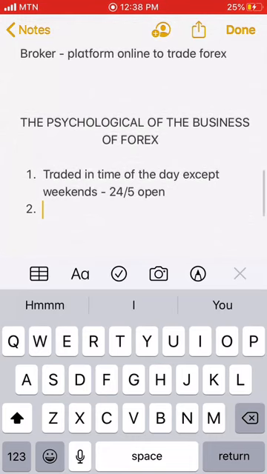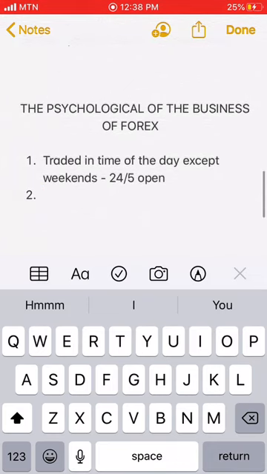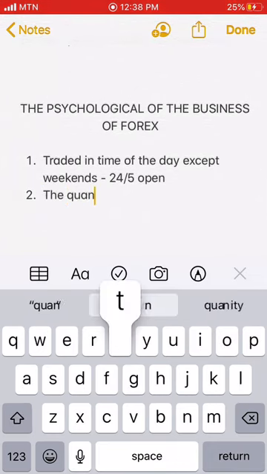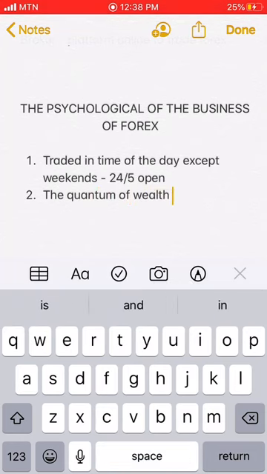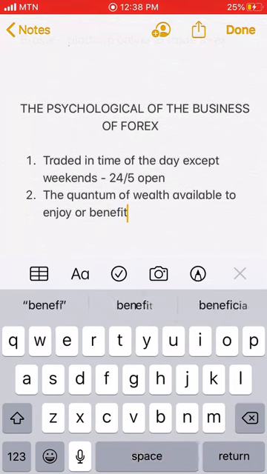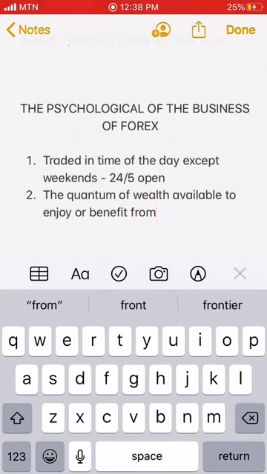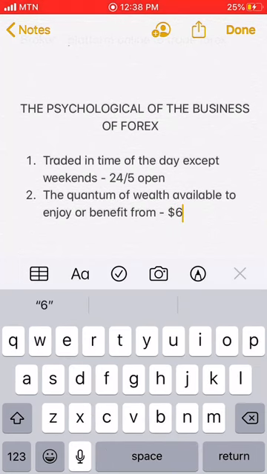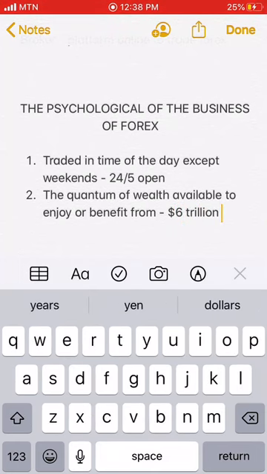And then the second important psychological reason why you have to get into Forex is the quantum of wealth available to enjoy or benefit from. I already said in our earlier lesson that a minimum of $6 trillion, imagine $6 trillion per day, is available to enjoy every day.